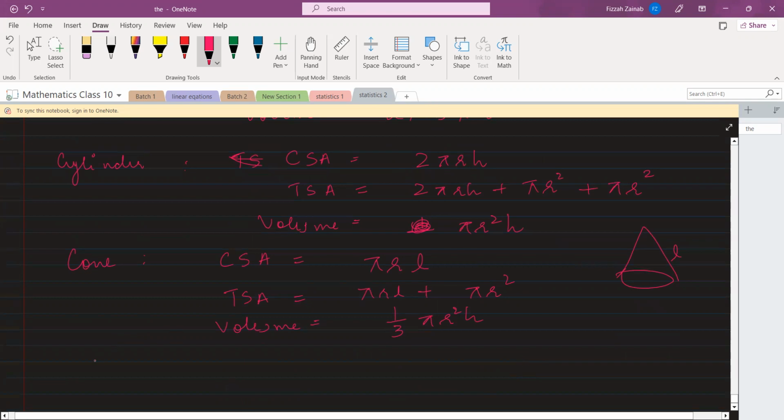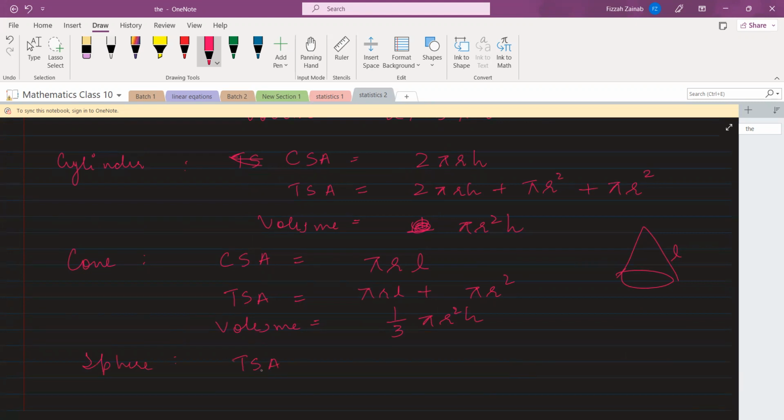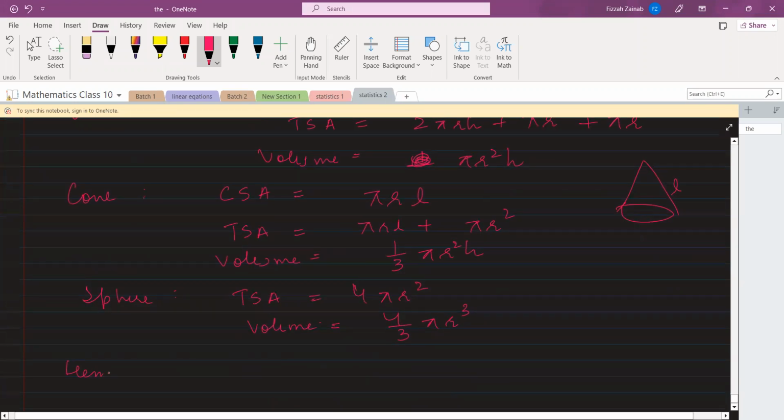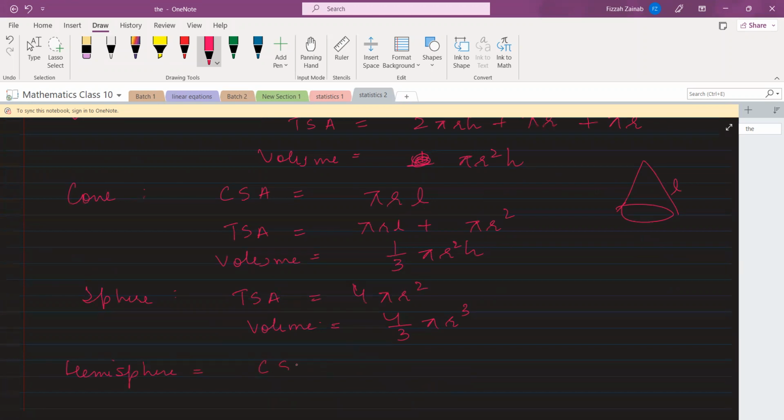Okay. Now sphere. So in this case, total surface area and curved surface area are the same thing, which is 4 pi r square. And volume is 4 upon 3 pi r cube. Clear? Okay. Now hemisphere. If you want to find curved surface area only, this will be half of a sphere, 2 pi r square.